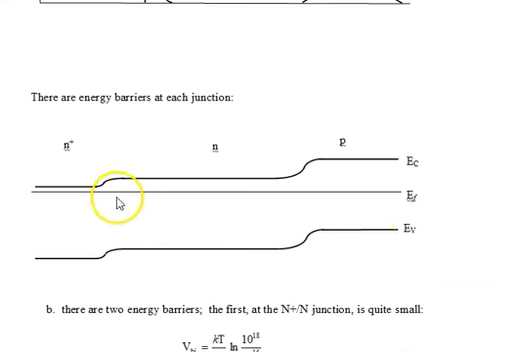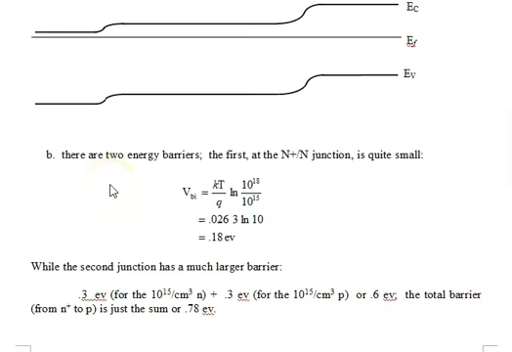So if you look at the energy band diagram, the energy barriers on the N plus side are very highly doped, and then on the more conventional side, these should be equal dopings. They really don't look that way, and I apologize for that. This should be closer to the valence band, and this should be a little bit further away from the conduction band edge.